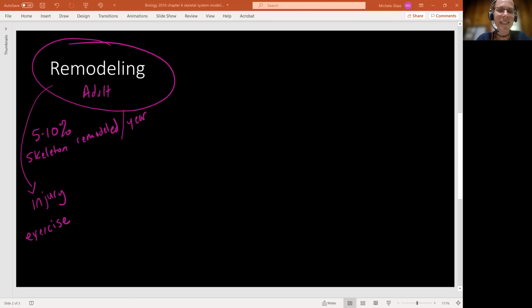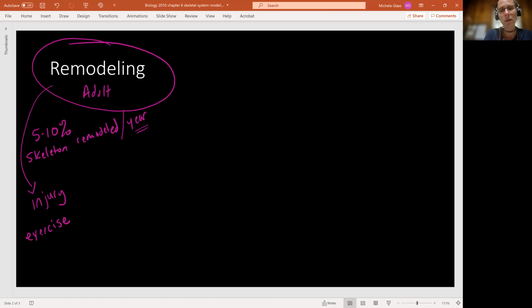Okay, so I actually decided to pause and double check myself, and this is correct. So we are seeing the 5 to 10% of the skeleton remodeled annually, just as a baseline. And then, of course, we'll see remodeling can occur due to injury or as a result of our physical activity. So let's go ahead and define what we mean by remodeling and how it's different from modeling.